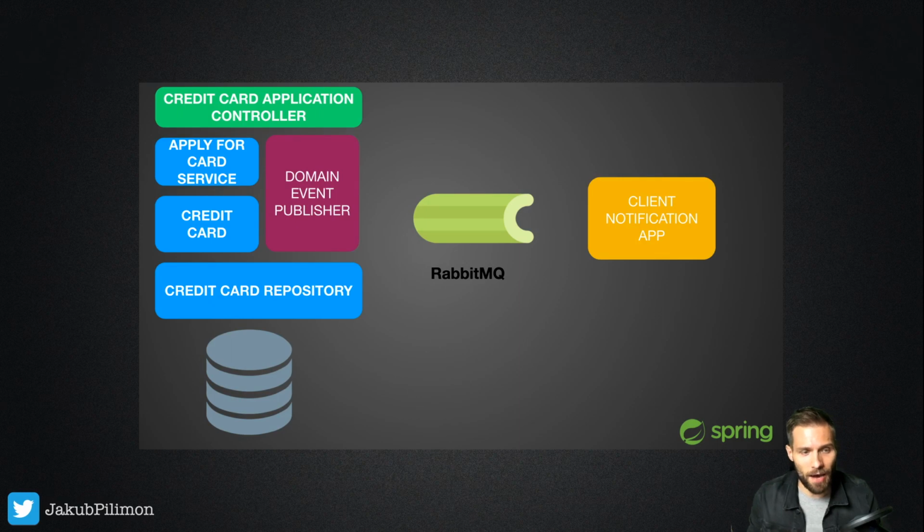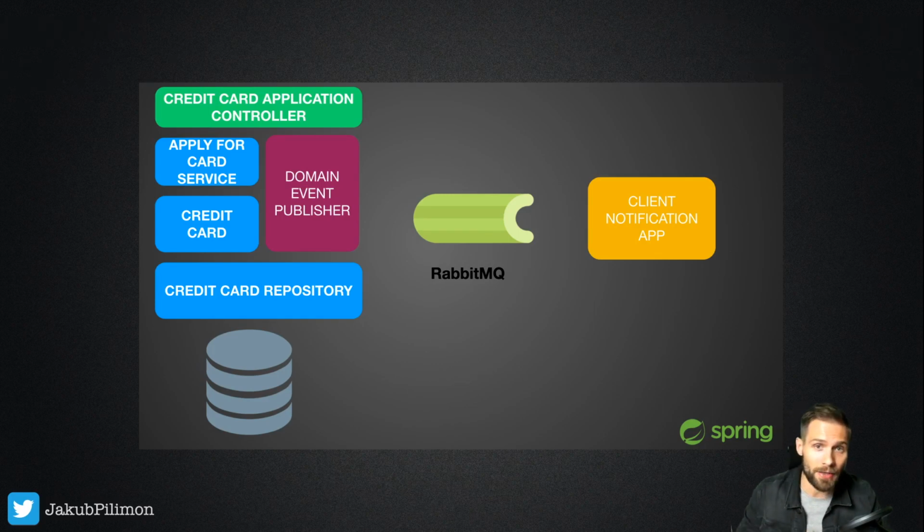So let's imagine we have this architecture and we have a new feature. The new business requirement is as follows. Every time a card is granted or a card application gets rejected, we get a notification. By we, I mean clients.